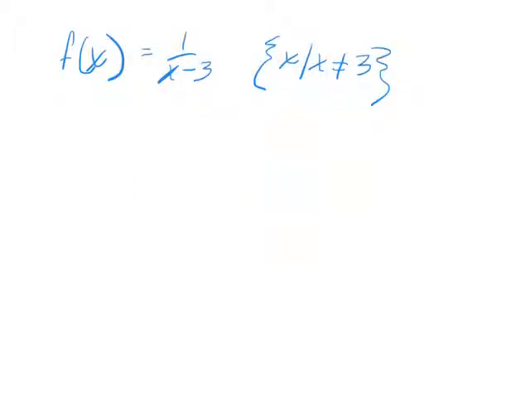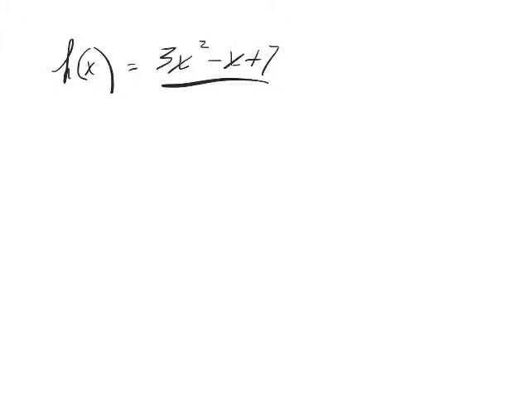Alright, so let's continue on to look at this other example, C, and it gives us h of x, and they say that that is 3x squared minus x plus 7, and we're going to put that over x squared plus 2x minus 3.